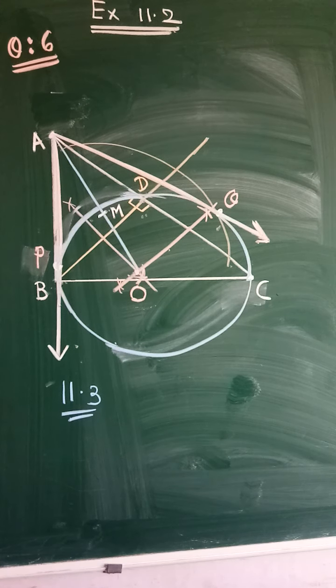I know the figure is quite complicated, but you have to do it. So in this sum we have to take exam question number 7 also, as well as the front construction which I explained to you, plus construction 11.3.